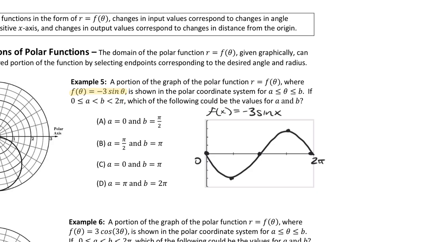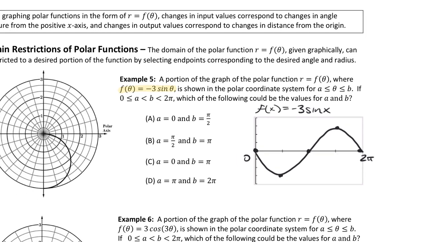Now, we need to know which part of this wave corresponds to this part of the polar function. So if I'm tracing with my fingers in a counterclockwise motion, would you agree with me that if I tracked this wave, it would be going in this direction? Yes.